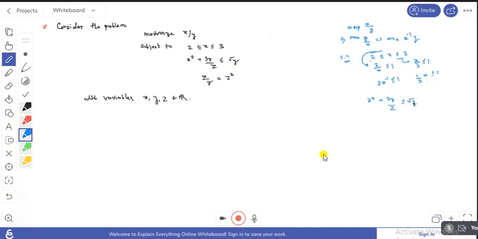If we divide both sides by y to the power half, this becomes x square y to the power minus half plus 3 y to the power half, the square root, and z in the denominator, so z to the power minus 1, is less or equal to 1. We rewrite the inequality constraint in this form. So this is your first inequality, this is your second one, and the third is an equality constraint.